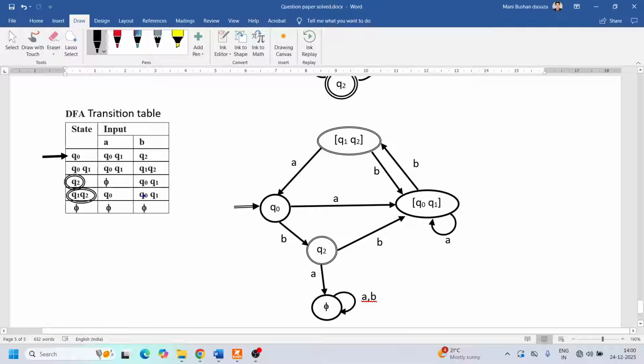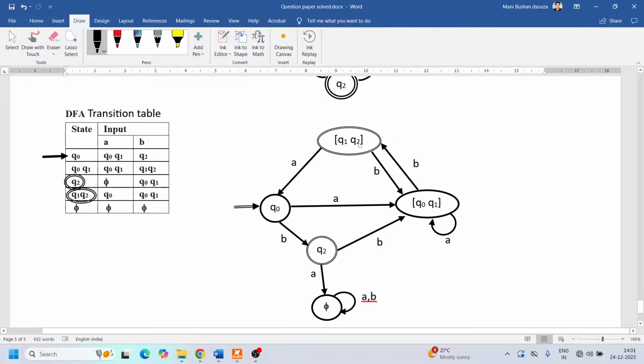Next, from Q0 Q1, if the input is B, you will go to the state Q1 Q2.